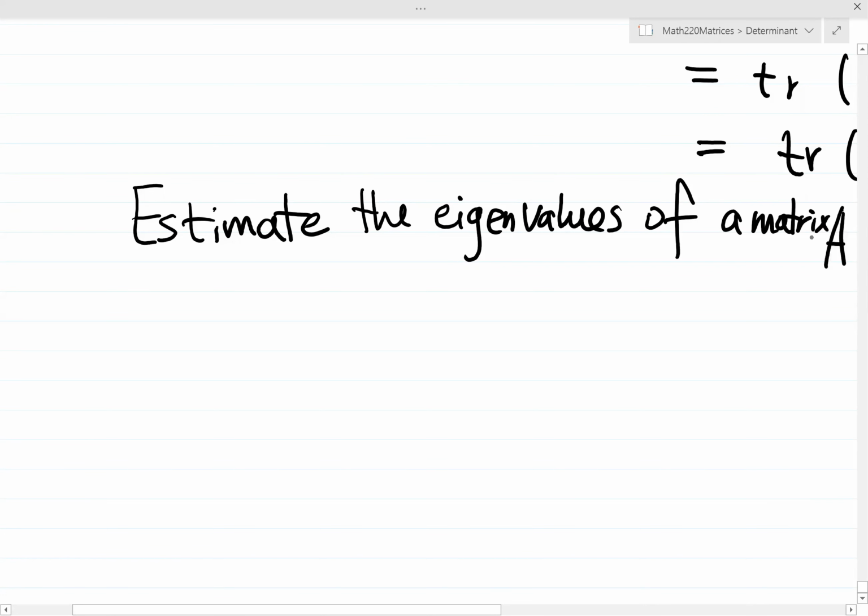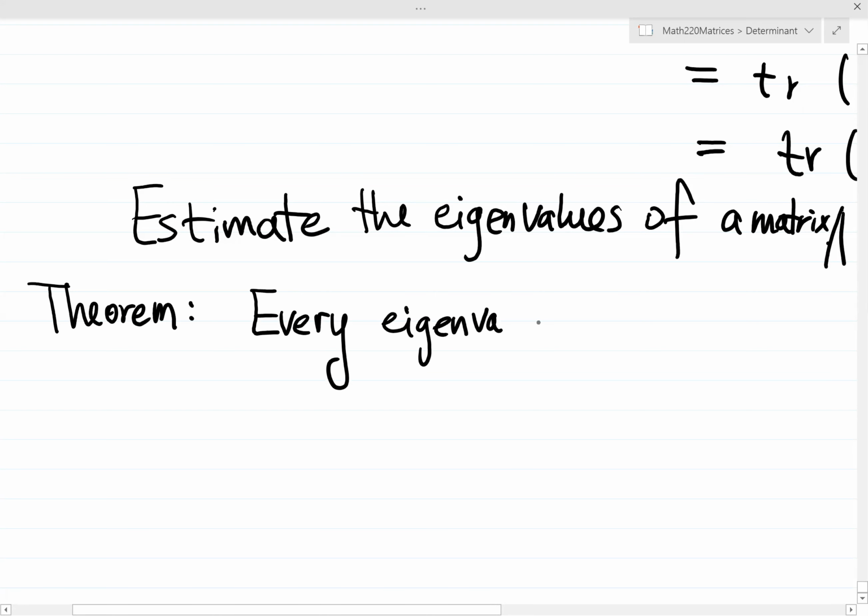Theorem: every eigenvalue lambda of a matrix A, I mean a square matrix, we can bound by a circle. We just assume by default that A is a square matrix.